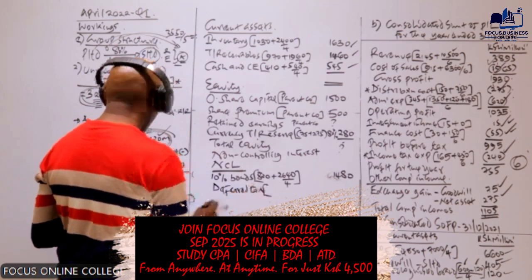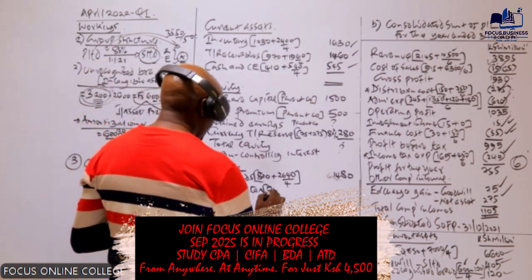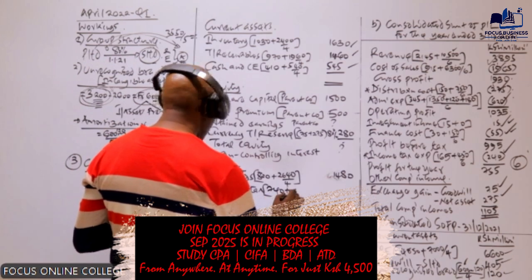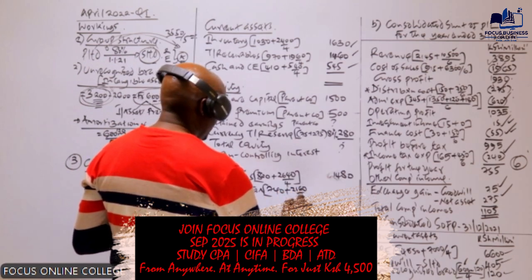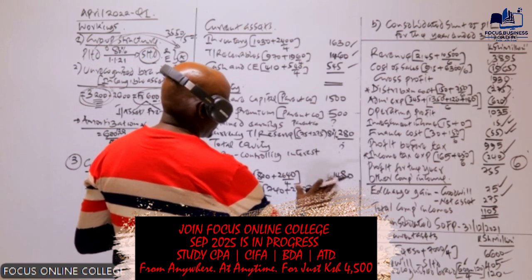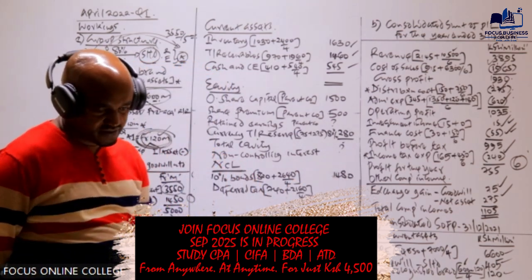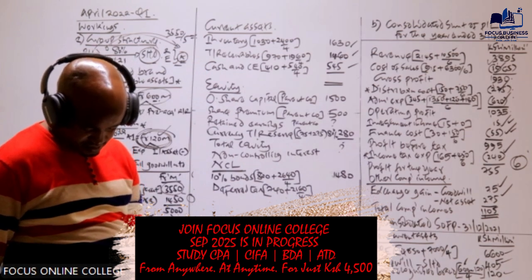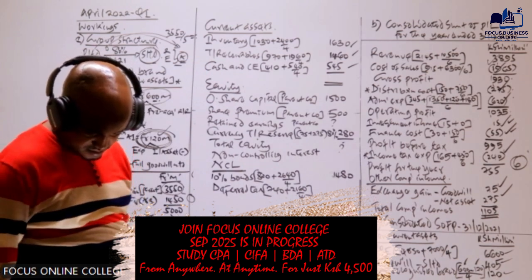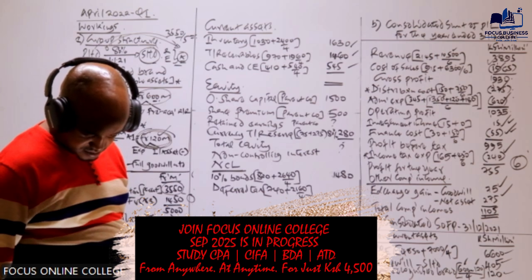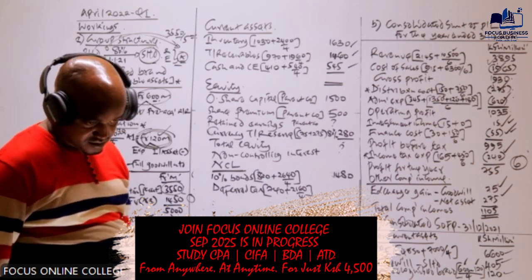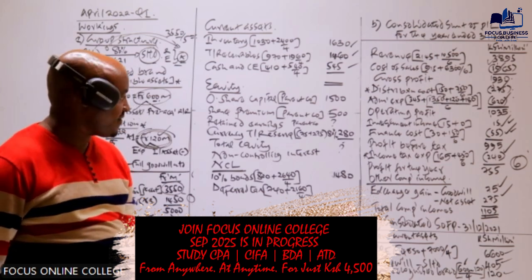The deferred tax, we do the same: 740 plus 2160, divided by 4, and then we get the final value here. What would be the final value?